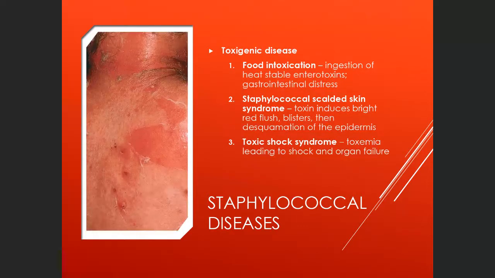The third type of infection is toxigenic disease, maybe food intoxication, if it is carried by food, through oral transfer. Second is staphylococcal scalded skin syndrome, which is this one over here.